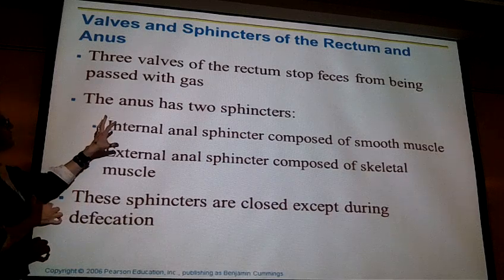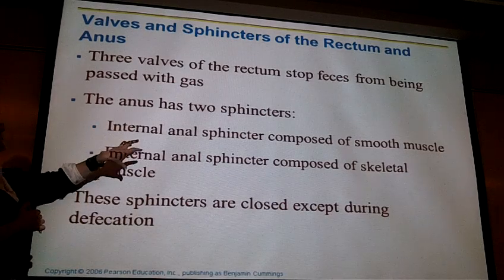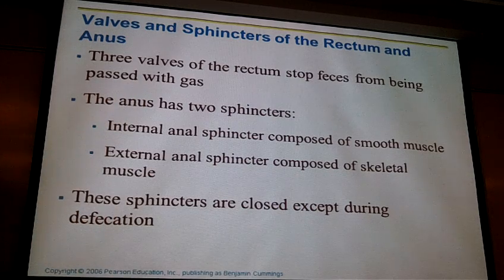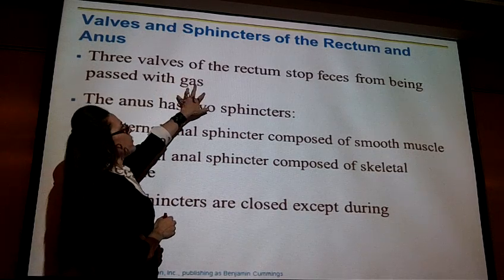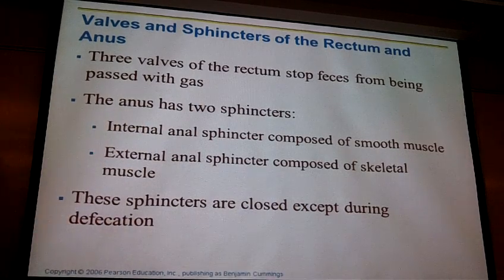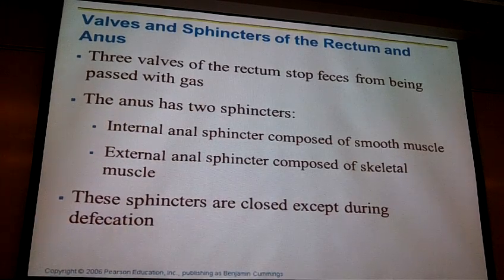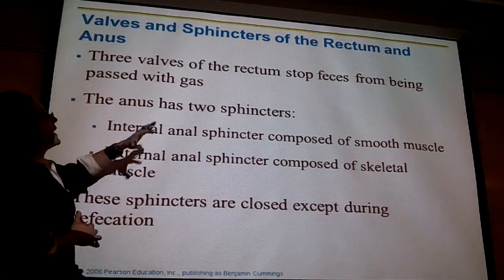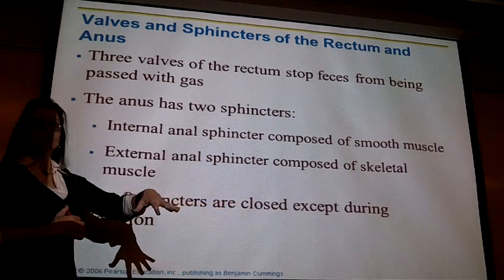And then you're also going to find two very distinctive sphincters in the anus, and three different valves or sphincters in the rectum. And these are doing different jobs. The ones that are in the rectum, these up here, are helping to keep fecal material in the rectal area while still allowing gas to be able to leave.